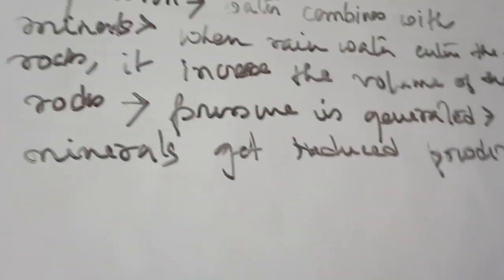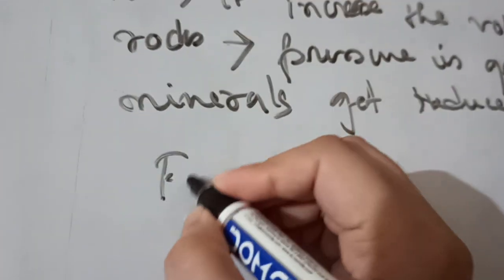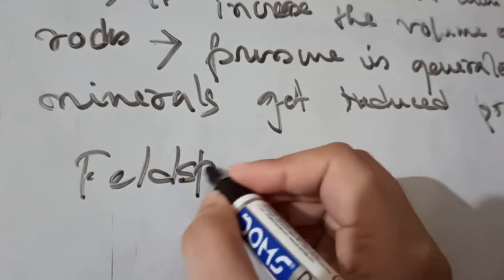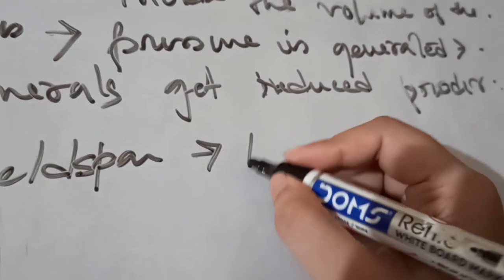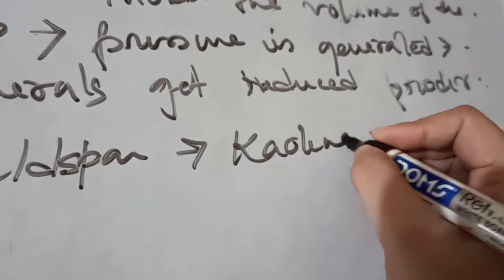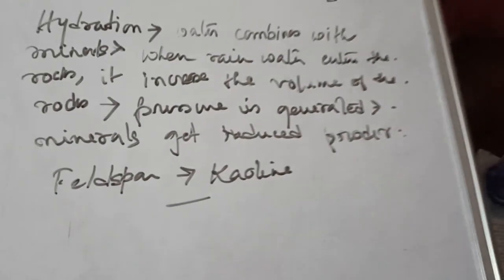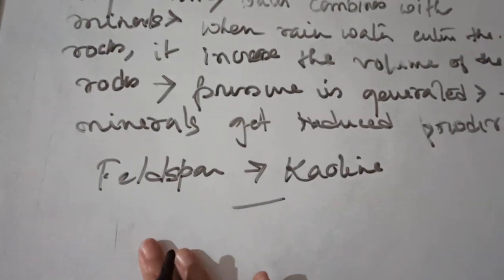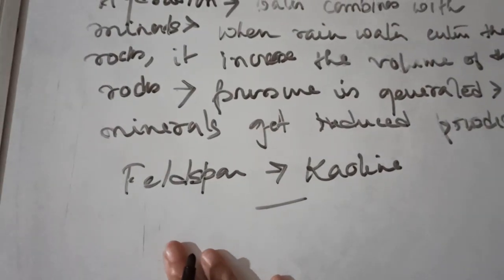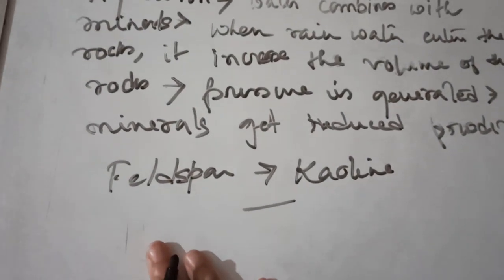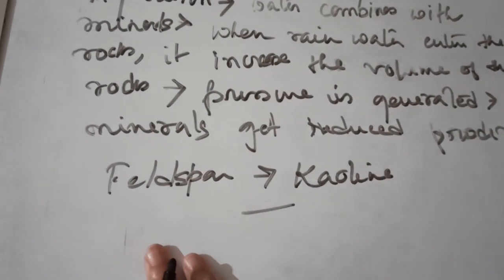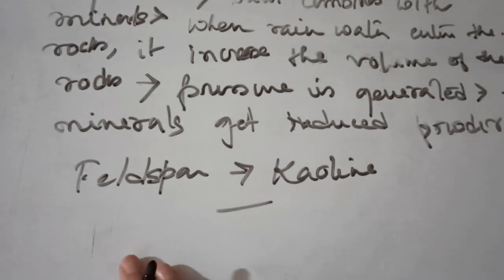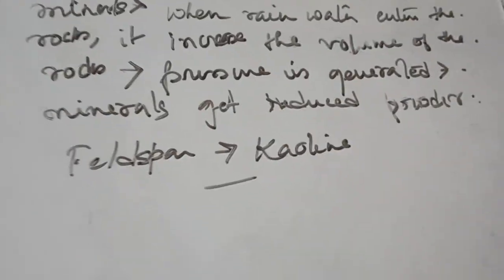An example of this is when feldspar gets reduced to kaolin due to the process of hydration. When the water enters the feldspar, it exerts pressure, and because of this the mineral components inside the feldspar get broken down and turned into a finer powder, and that finer powder we call kaolin.